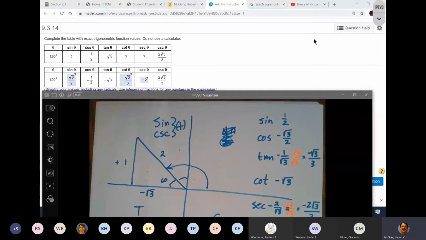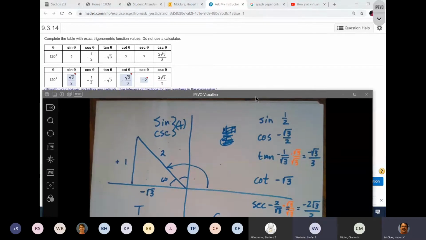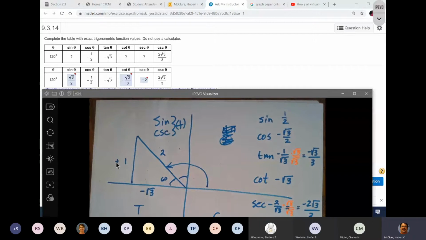Am I not correct there? Yeah. Okay. Oh, wait a minute. I think I know what I did wrong. This is supposed to be the square root of 3, and this is supposed to be 1. I think that's what's wrong. I think, is that what you're saying, Mr. Johnson? Yeah. That's what I did wrong.